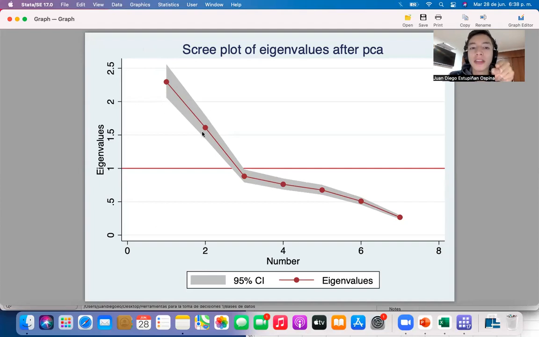For the second one will be this one and this one. So maybe this is helpful when you are going to decide to use or not a component whose eigenvalue is close to 1, because maybe the confidence interval will be higher than 1, even if the point is not higher than 1. But in this case, the interval is not higher than 1, so we are not going to use it.